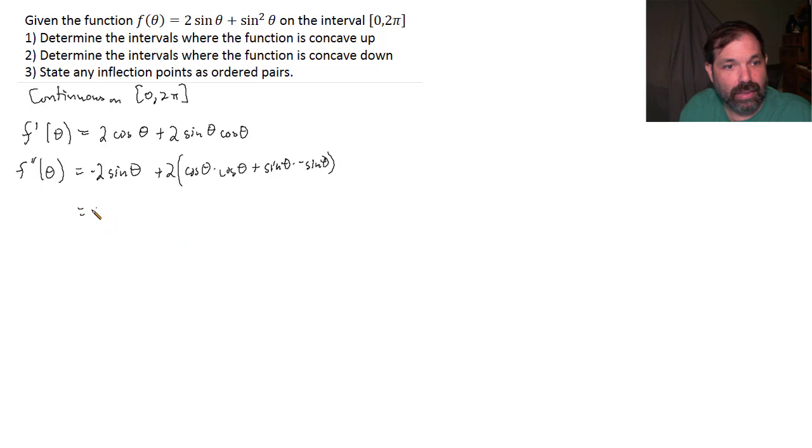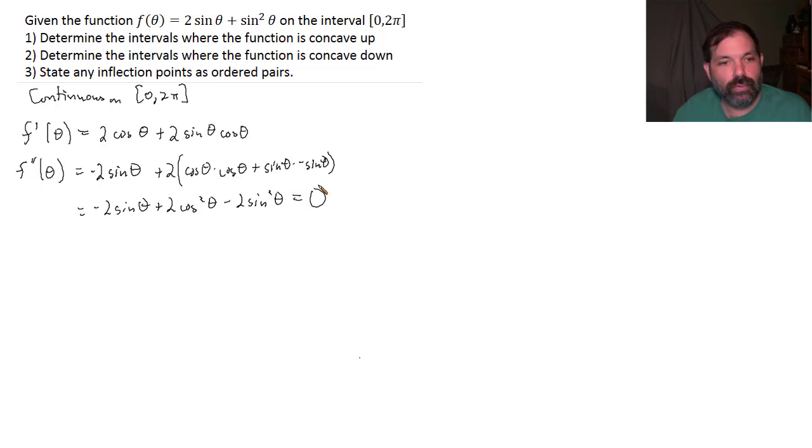So I have negative 2 sine theta plus 2 cosine square theta minus 2 sine square theta. And I've got to find the important numbers. It's never undefined. I've got to set this equal to 0.